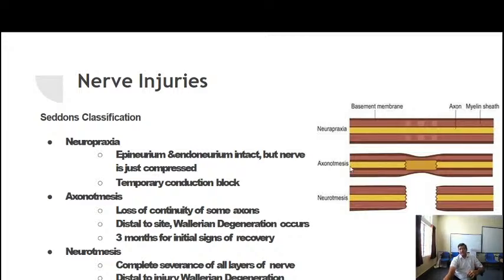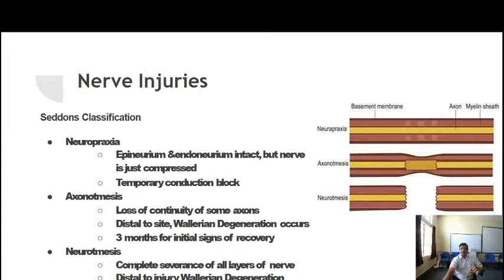The second one is axonotmesis, wherein there is damage to a small segment of the axon, and beyond this discontinuity, usually Wallerian degeneration occurs, and slowly, because the myelin sheath is intact, the axon re-establishes itself, and then the function regains, but this may take about 3 months' time.